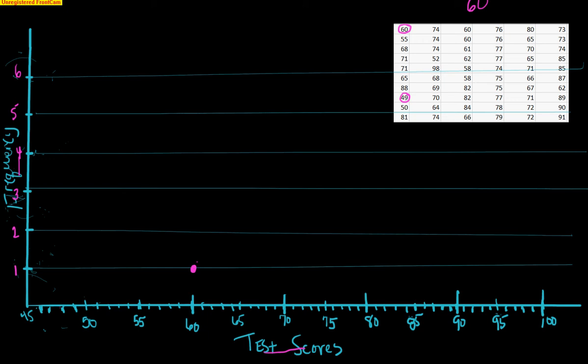A lot's going to depend on what your frequency is for each score. Here's a score of 55. There's a score of 68, which is right here. Again, this is going to be a little sloppy because I don't have graph paper. Now, 71. We have two scores of 71.